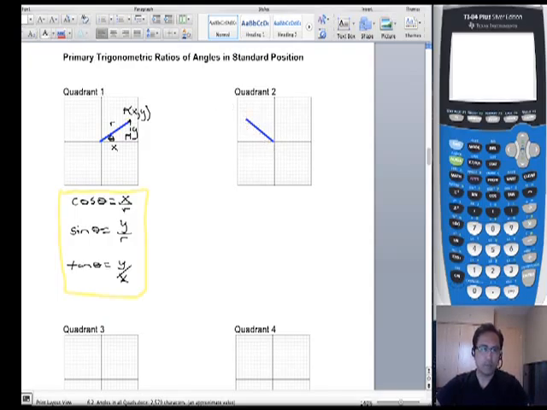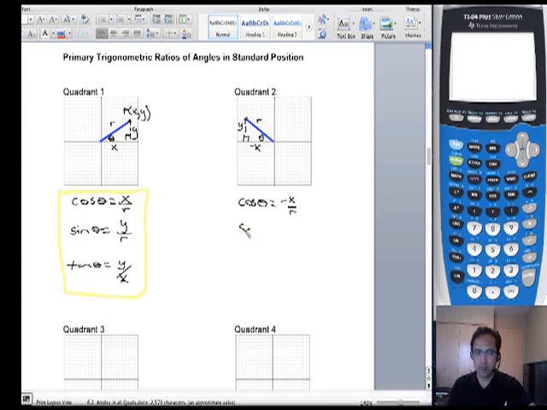Over here, we get a bit of a change. In quadrant 2, the r value is always positive because it's a distance. We see this y value is positive because it's above the x-axis, but this movement here means that this value is going to be a negative x. Okay, and our theta value is going to be measured down here. So cos theta is going to be equal to negative x over r.